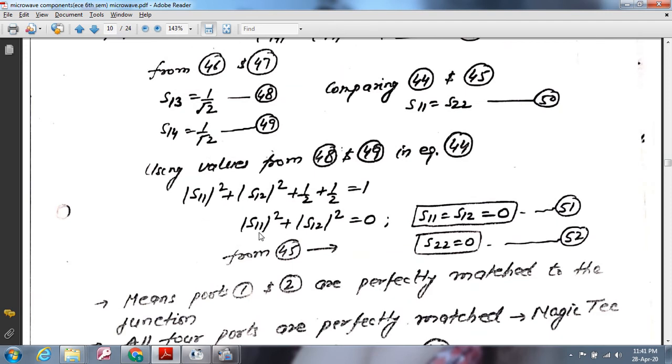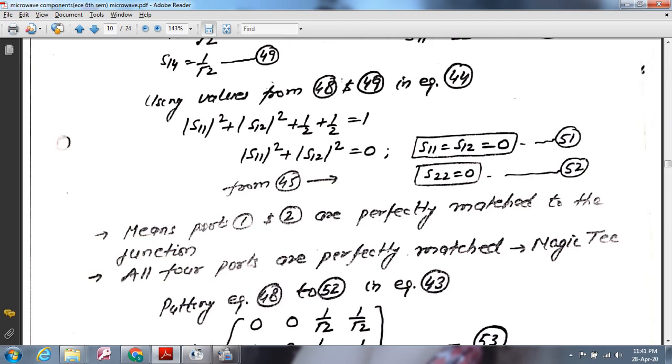Now from here S11 square plus S12 square will be 0, and from this we can say S11 equals S12 equals 0, and from 45 we get S22 equals 0, which is equation number 52.